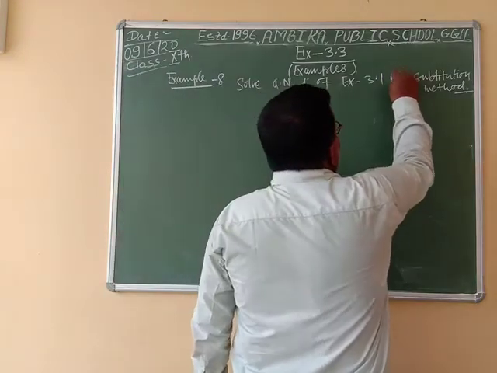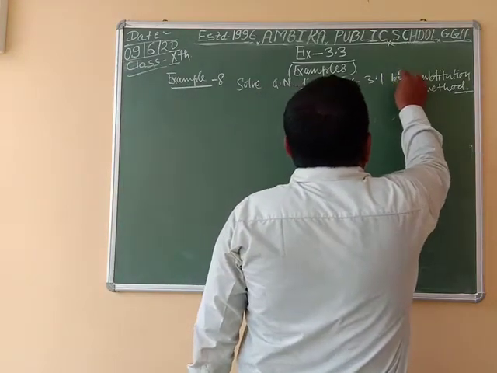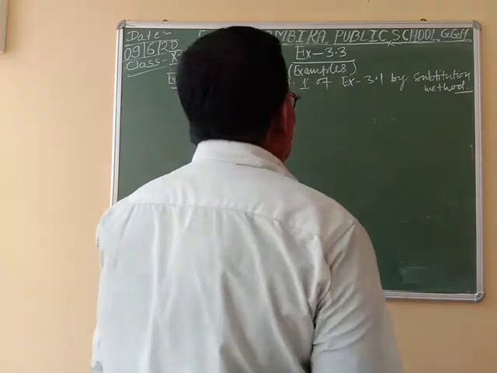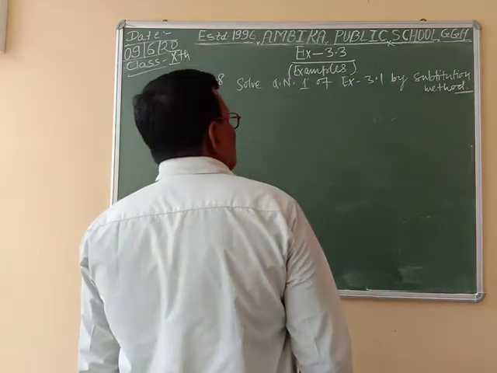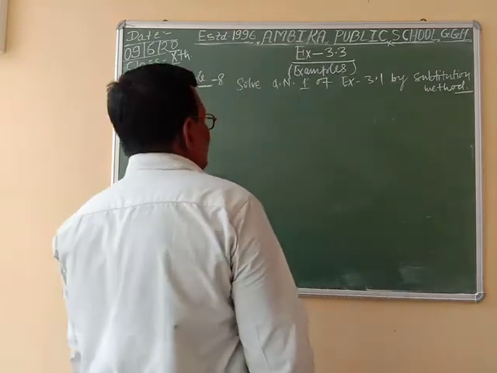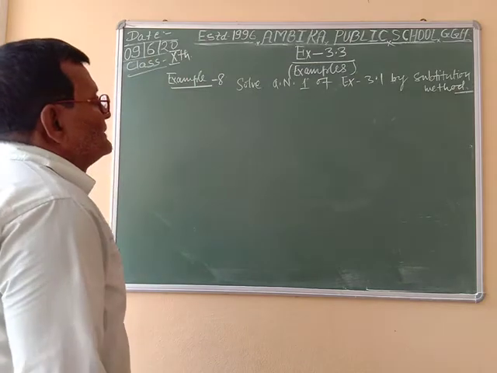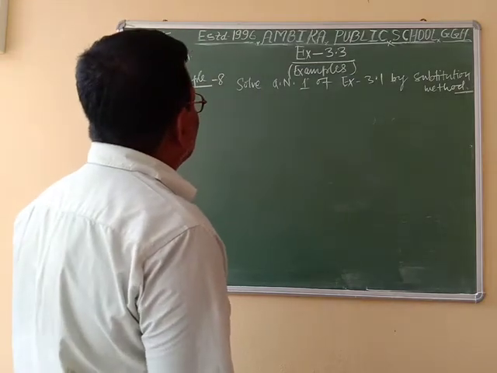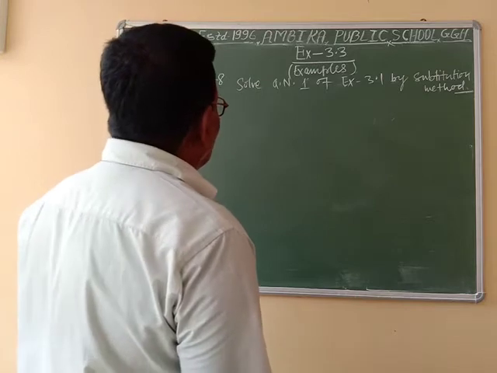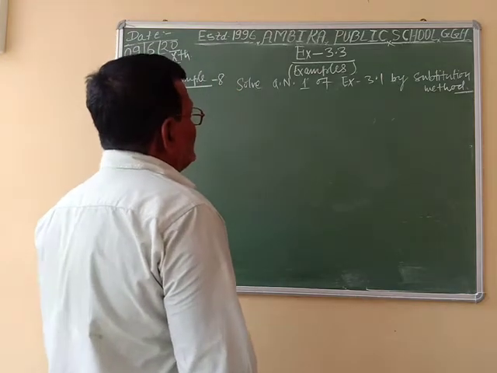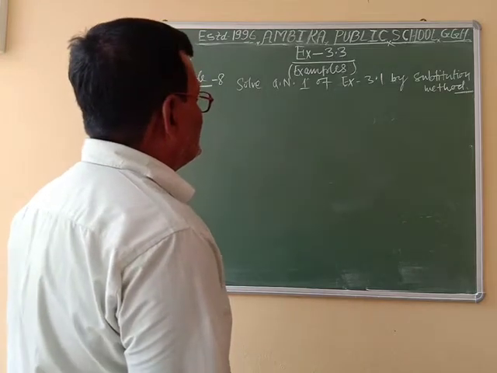And I had said that in an online class, it is not suitable by graphical method. So in example 8, we are going to solve question number 1 of exercise 3.1 by substitution method.